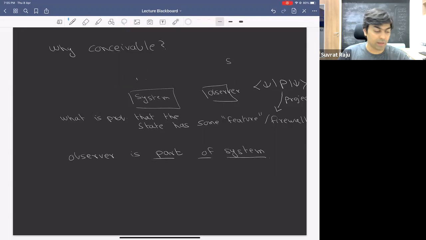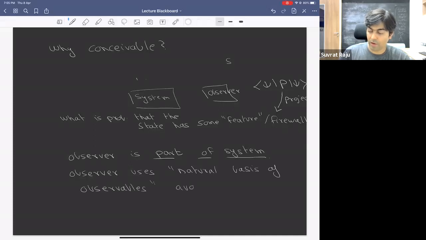And because the observer is part of the system, we say that the observer uses the natural basis of observables available at the horizon. And this natural basis of observables may depend on the state.